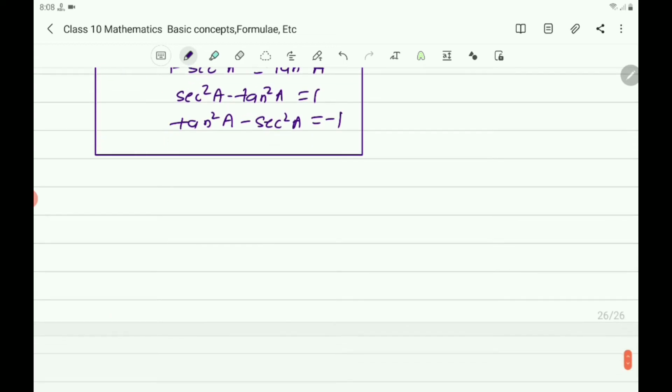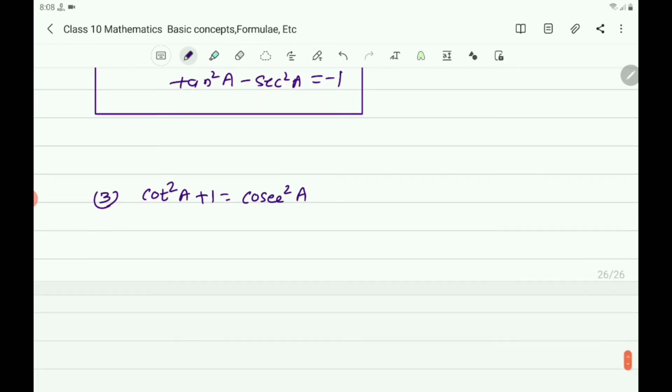Next, let us take the third identity, that is cot square A plus 1 equals cosec square A. This also you can convert, that is cosec square A minus cot square A equals 1 you can write.